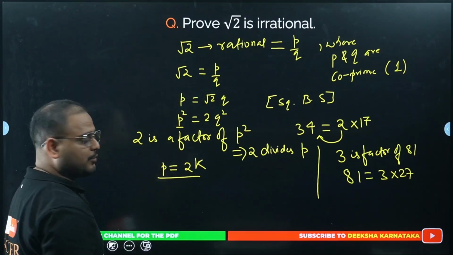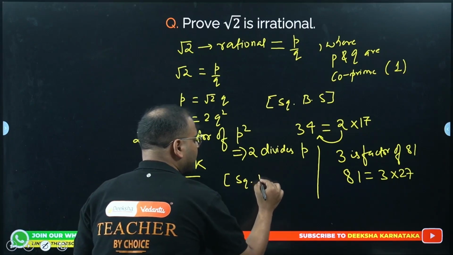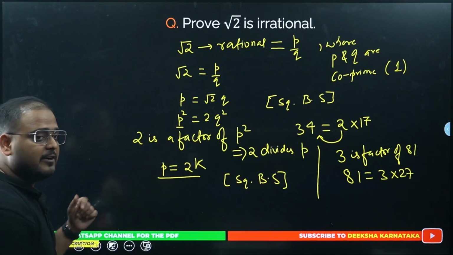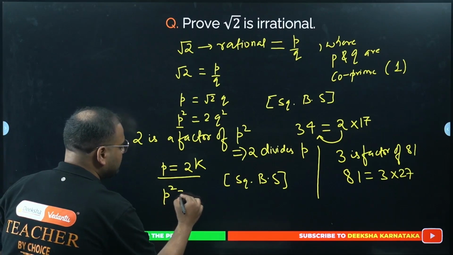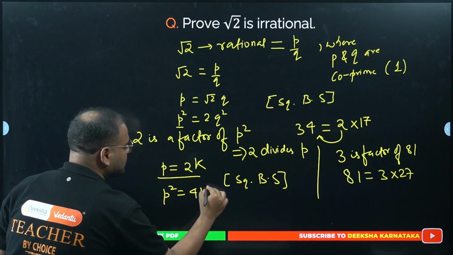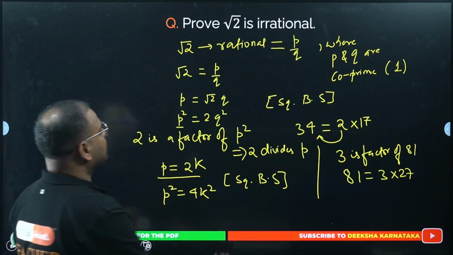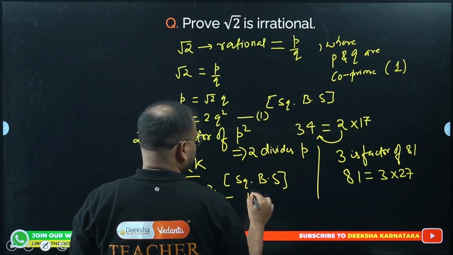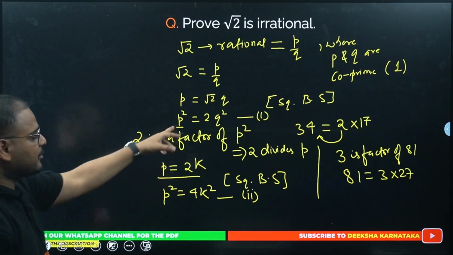Now we'll square this equation. Squaring both sides, we are doing here again. If we do that, what are we going to get? Check here. p square equals 4k square. And over here, if I take this to be equation 1 and this to be equation 2, what can I say from equations 1 and 2?